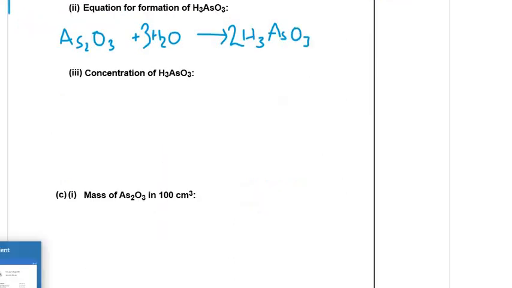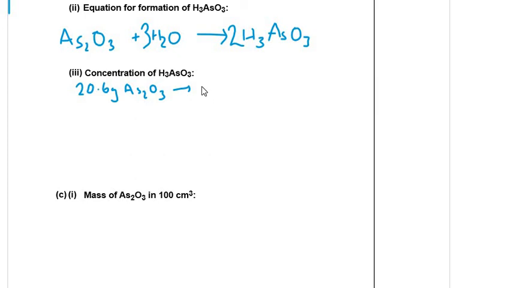For this next part of the question, we're asked to calculate the concentration of the arsenious acid in the solution. Now, in a saturated solution, we know that we started off with 20.6 grams of the arsenicum album. Now, I would suggest that the sensible move, therefore, is to calculate the relative formula mass of this.